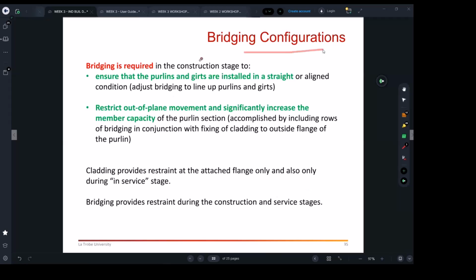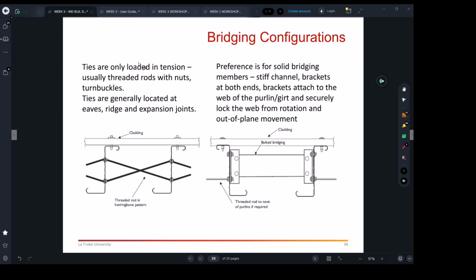And yeah, we're re-talking about it again in the last 2 slides. So I did talk to you already about them and the job of the bridging and how they're going to help restrain the purlin or the girt to give it more capacity. Okay, and these are the bridgings.